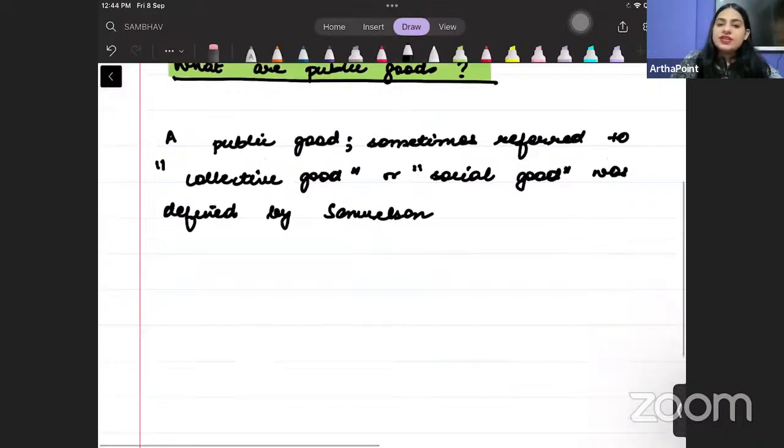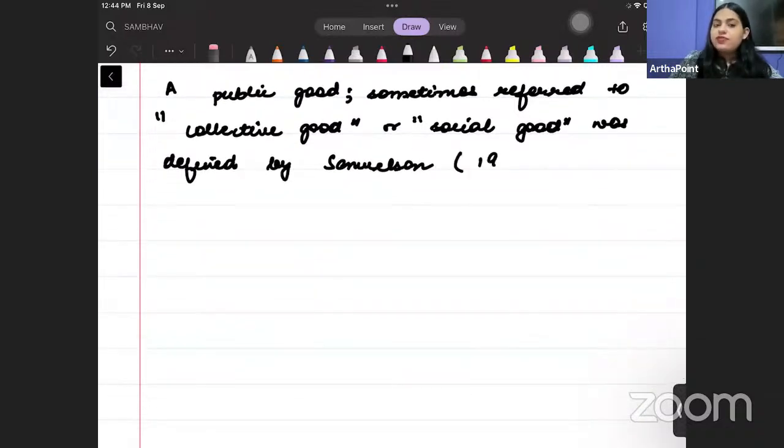Samuelson defined this in 1954, right? How did he define it?